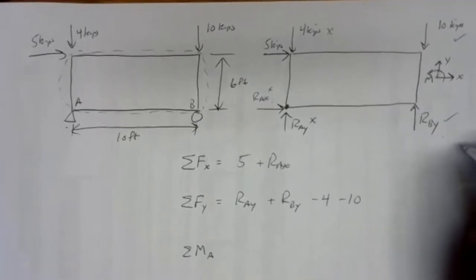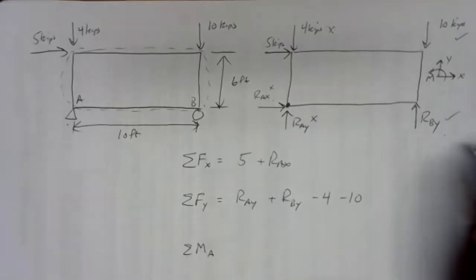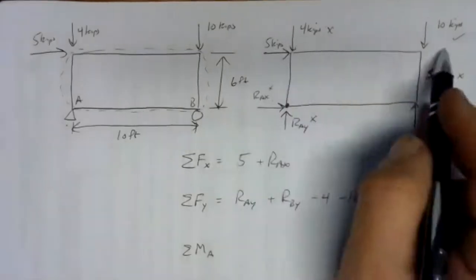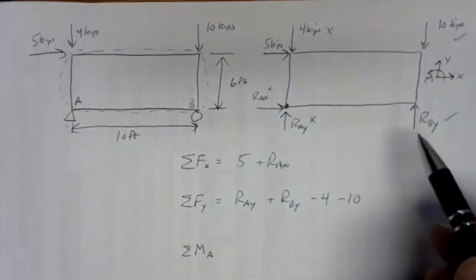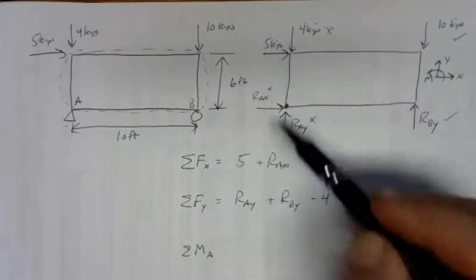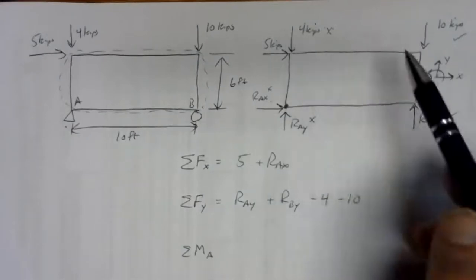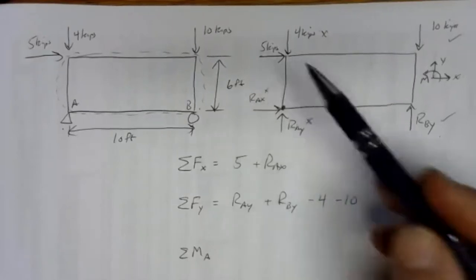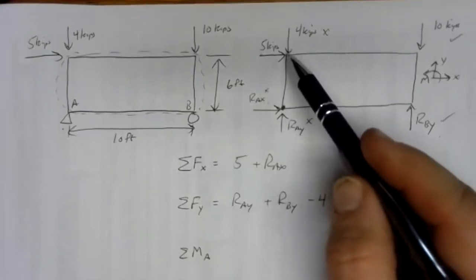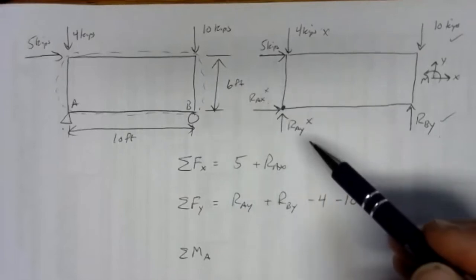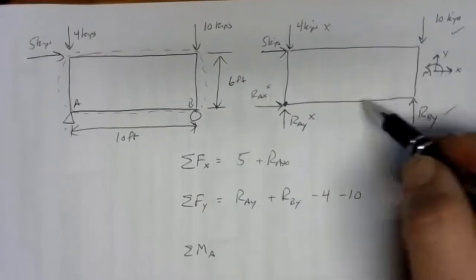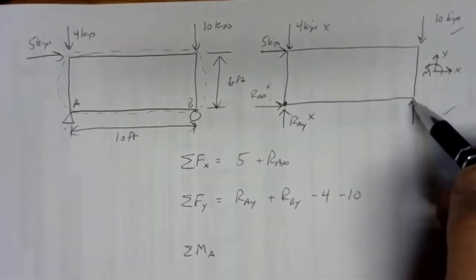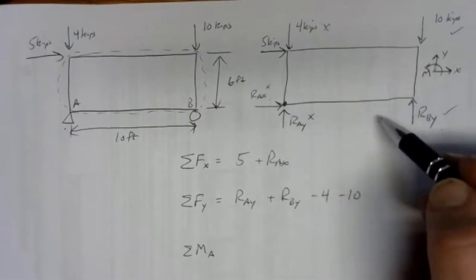Now, the force that most people initially miss for a moment when they first start working on these problems would be this one, because we're so used to the forces pushing down from the beam problems and having those cause moments. But we're not so used to having horizontal forces causing moments, and they do, as long as their line of action is some distance away from the pivot point. In the beam problems, the arm was so small because the beam was so thin, we never had to worry about horizontal forces causing moments.